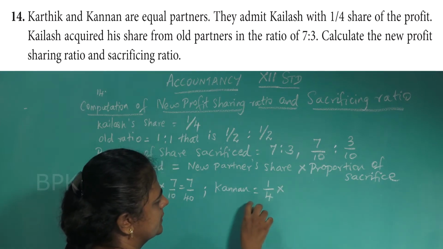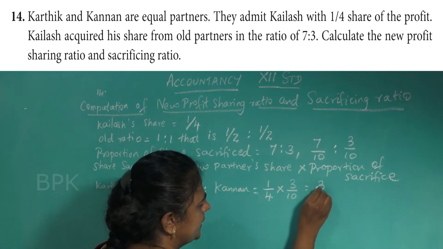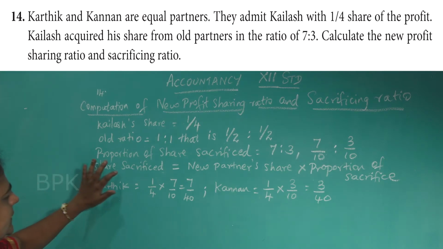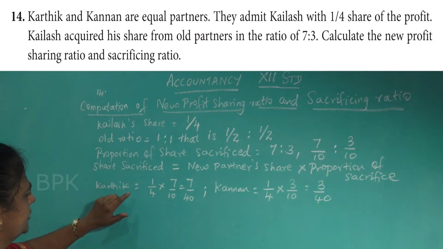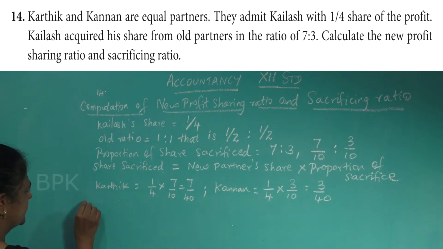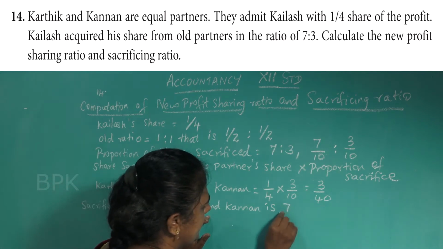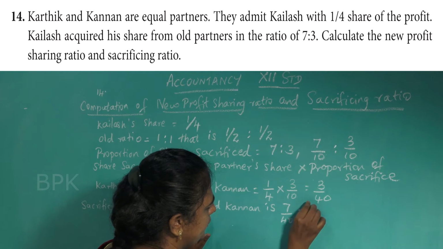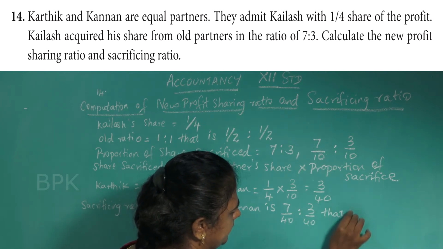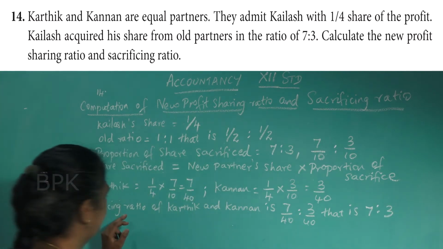What is the proportion of sacrifice for Kannan? 3/10. So that will give you 3/40. This is the sacrifice made by Karthik and Kannan. Write like this: sacrificing ratio of Karthik and Kannan is 7/40 is to 3/40, that is 7 is to 3. So you got the sacrificing ratio.